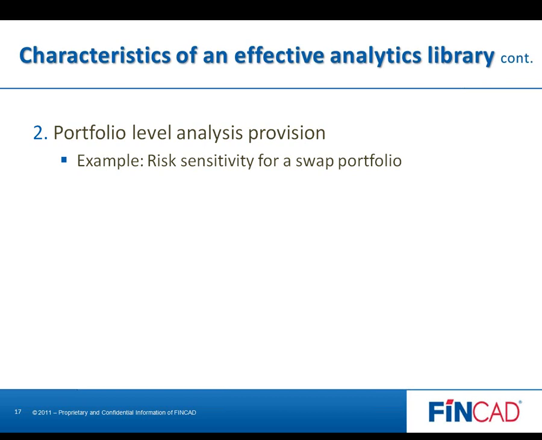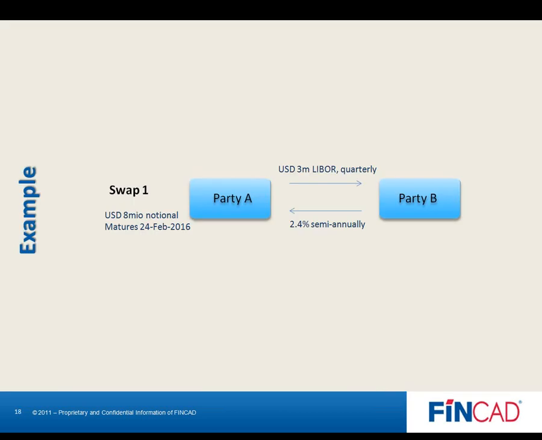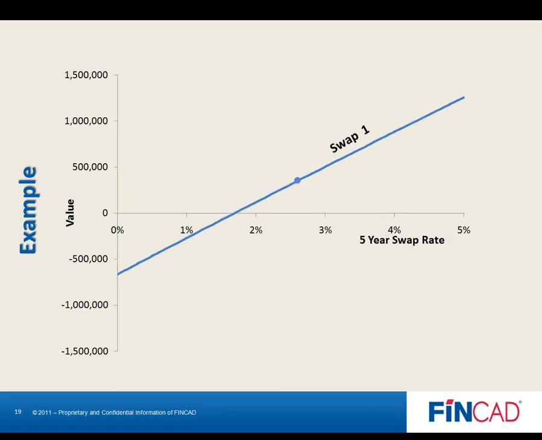For example, let's look at the sensitivity of a swap portfolio. The first swap in the portfolio is a 5-year swap, 8 million notional, where party A is paying 3-month LIBOR quarterly and receiving 2.4% semi-annually. This swap, in terms of its risk exposure, is almost entirely dependent on the 5-year swap rate, which is quoted in the swap markets.